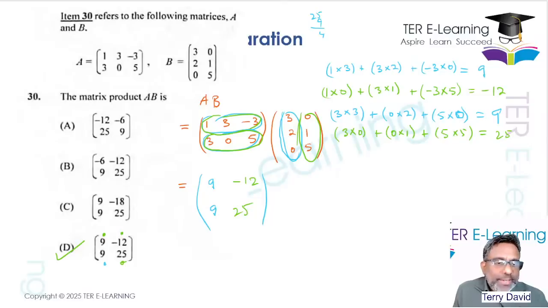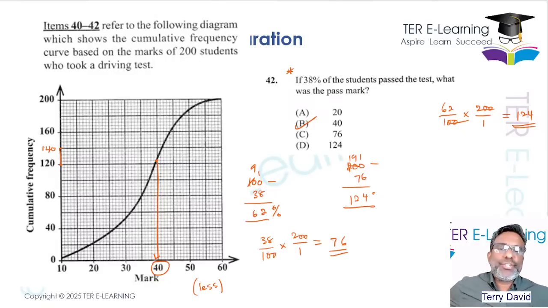Now let me go back to this question here, where I saw a lot of people saying the answer is 76. Let's check that again. Let's see, 40 is the pass mark. Go up here, get 124. So that means that 124 students got less than 40. So if it's 124, it'll be 200 minus 124, which is 76, and 76 divided by 200.